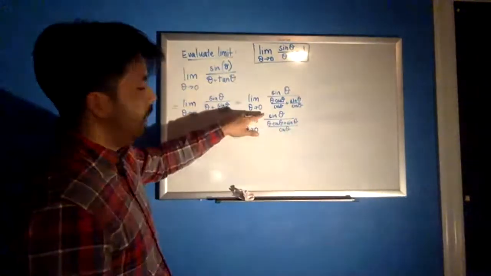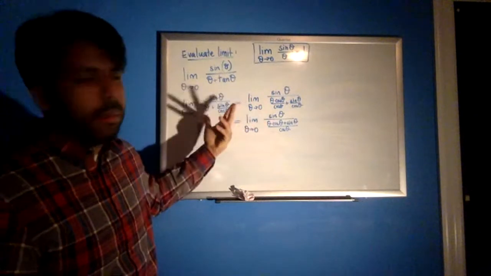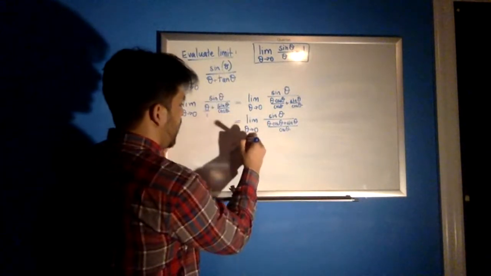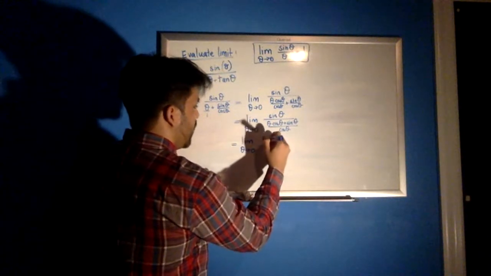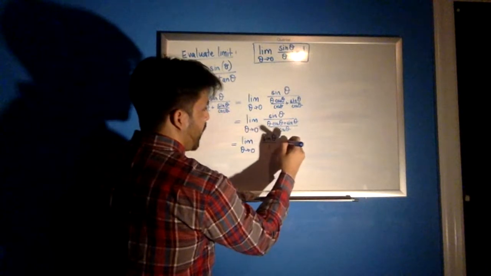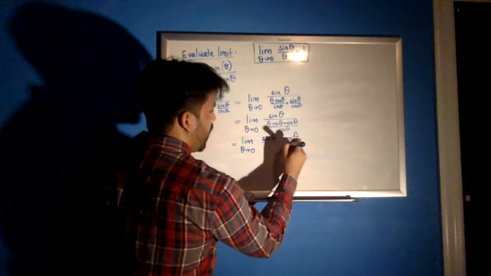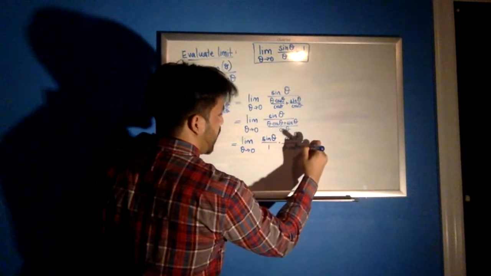And now I have a fraction divided by a fraction. And how do I divide fractions? I multiply by the reciprocal, and I get the limit as theta goes to 0 of sine theta, which I'm going to write over 1, multiplied by cosine theta over theta times cosine theta plus sine theta.